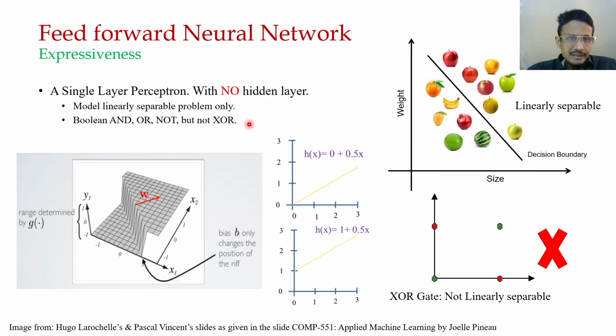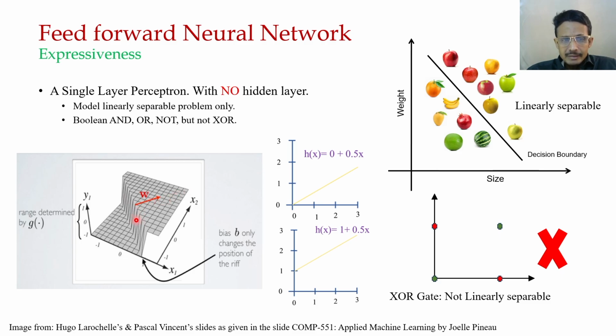First of all, understand what the bias is basically doing here. There is always a weight, and there is a bias parameter. Now this bias basically changes the position of the separator.